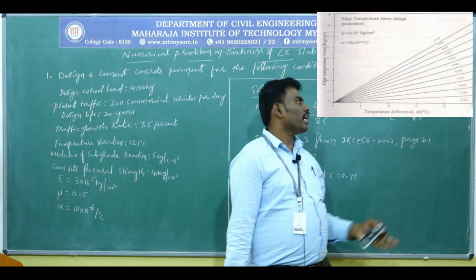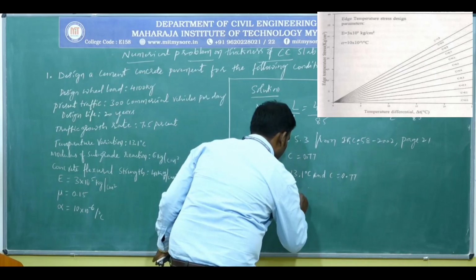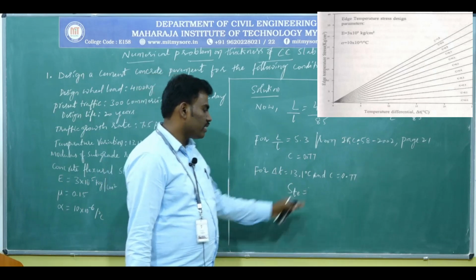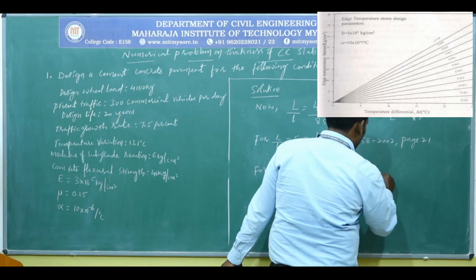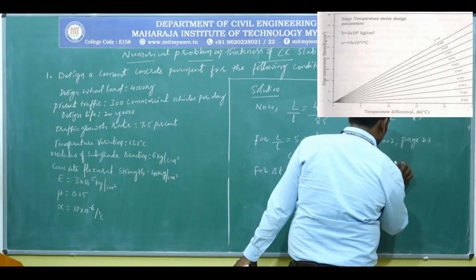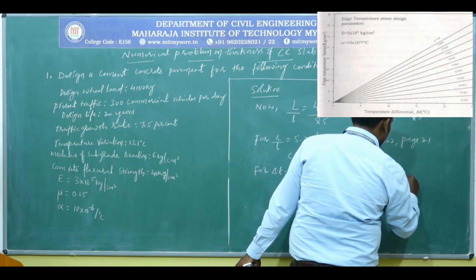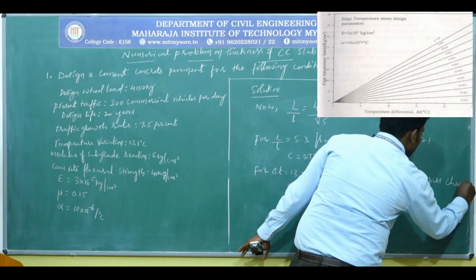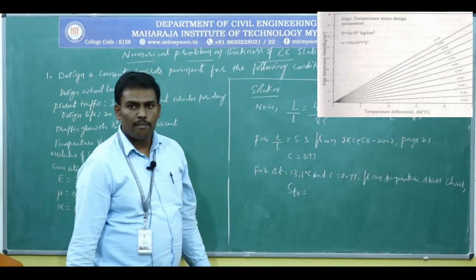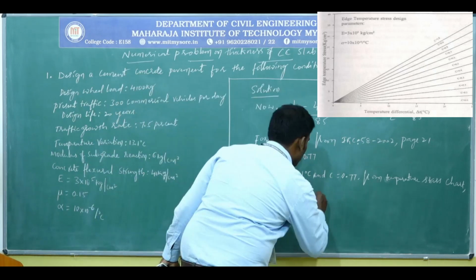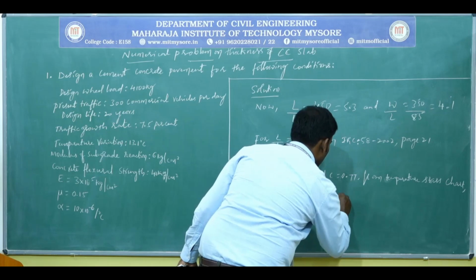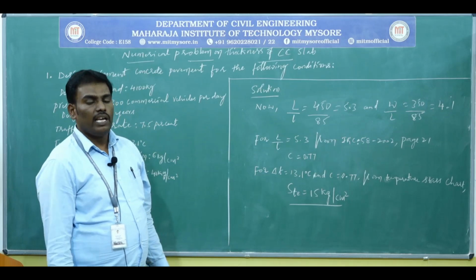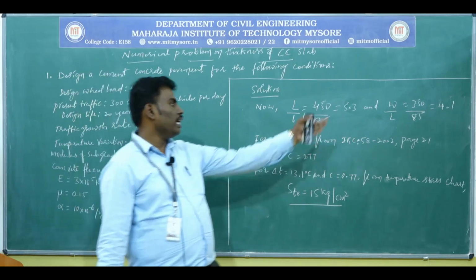From the temperature stress chart, STE, that is temperature stress at the edge region, is equal to about 15 kg per centimeter square.